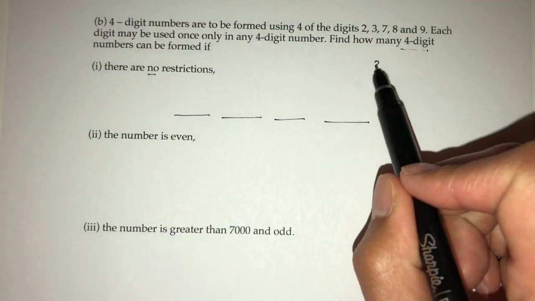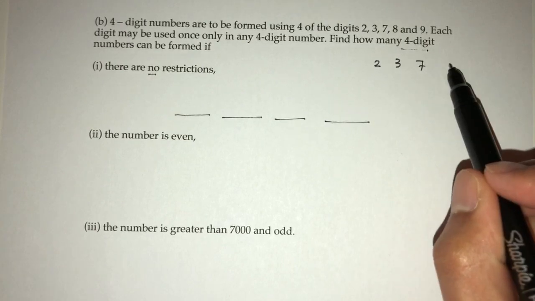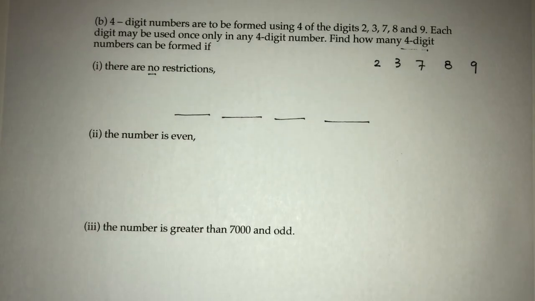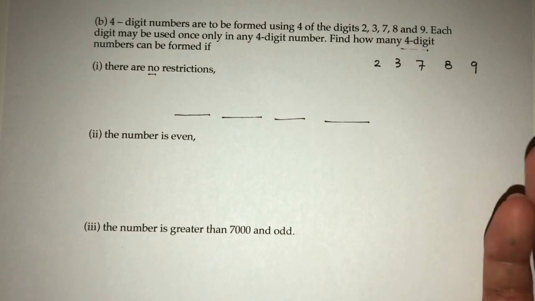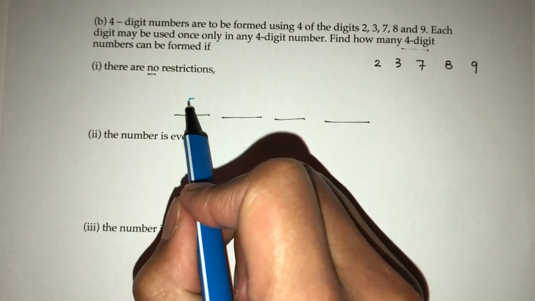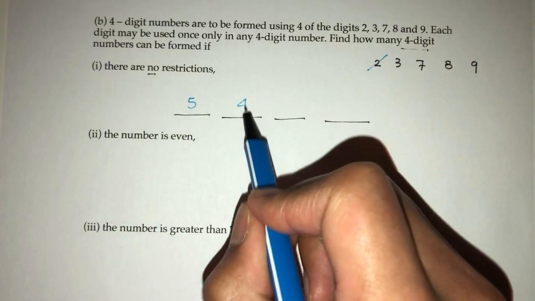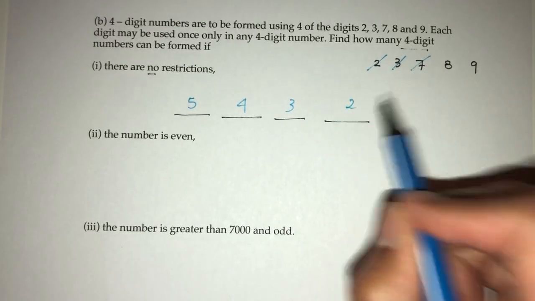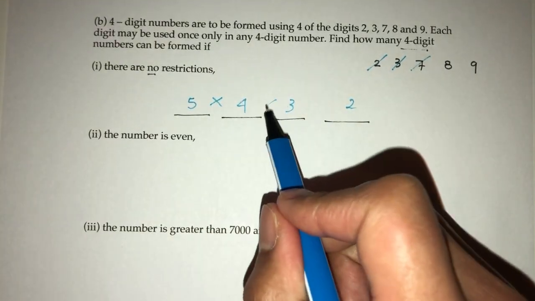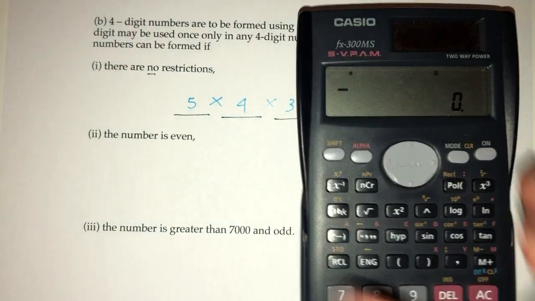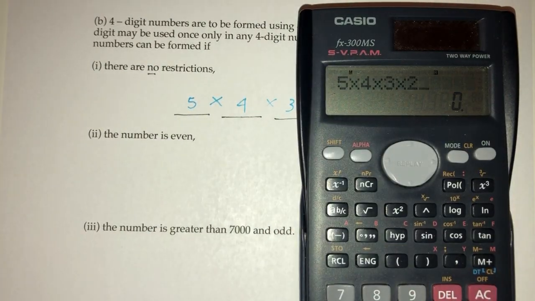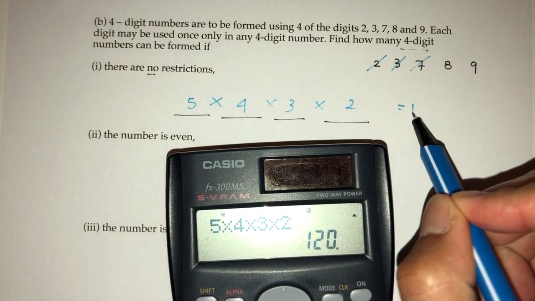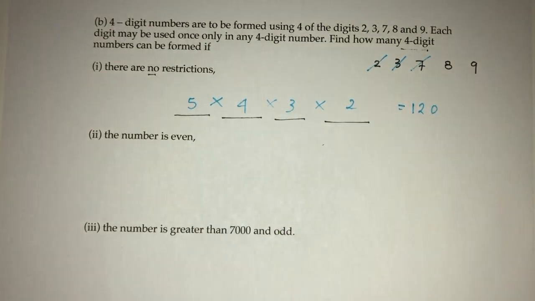We have 2, 3, 7, 8, and 9. So for the first number, we can choose anything. We have 5 options. Then we have 4 options. Then we have 3. Then we have 2 options. So we have to multiply the number of options to get the answer. That will be 120.